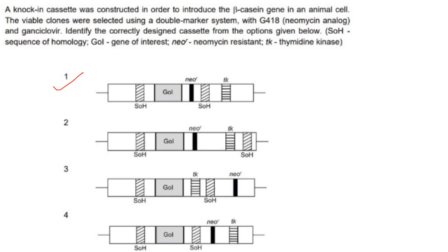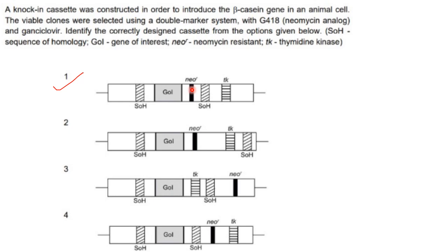So what you have to take into consideration is that the neomycin, that is the positive selection marker, should be present near the gene of interest. This is the gene of interest.